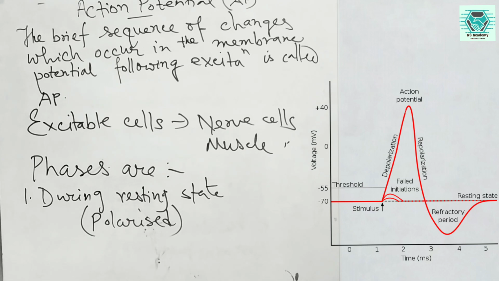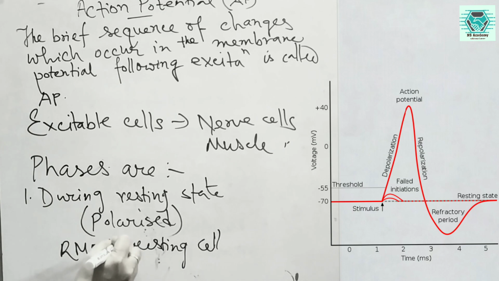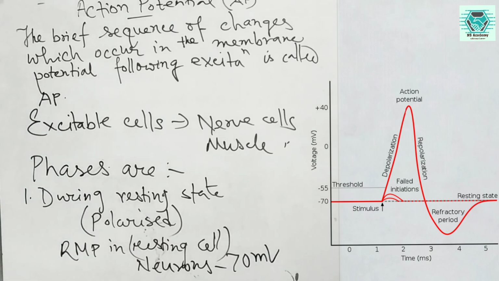So the resting membrane potential, the RMP in most neurons or resting cells, is minus 70 millivolt. Okay.